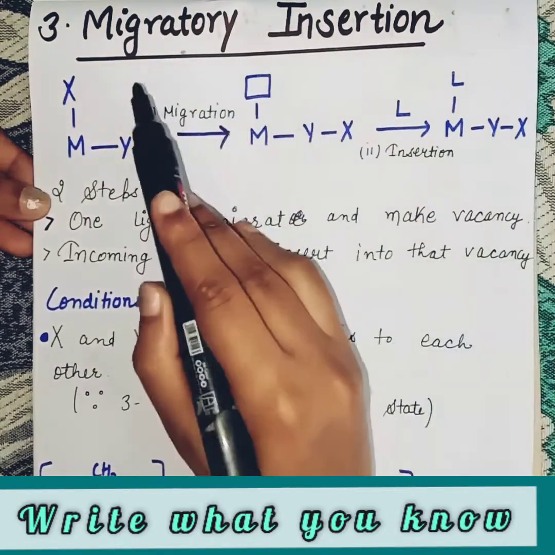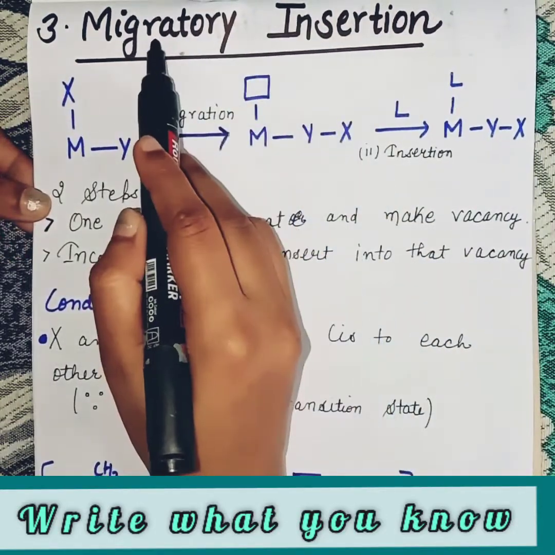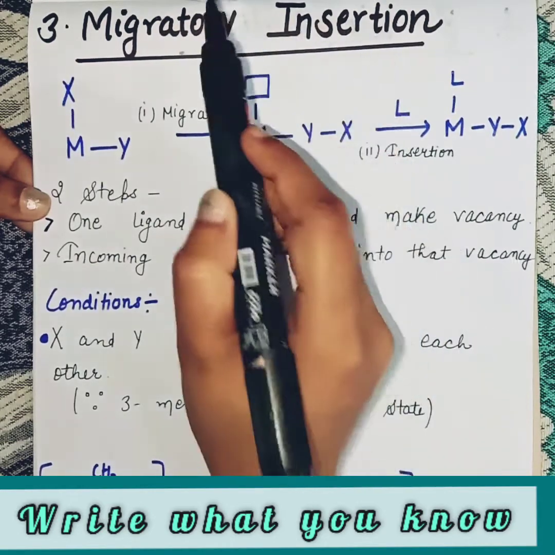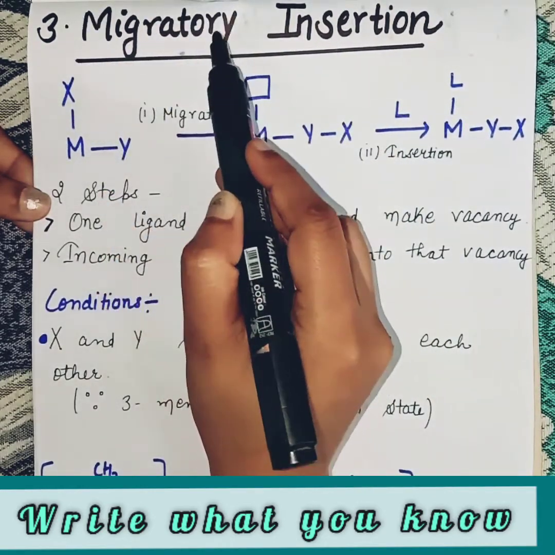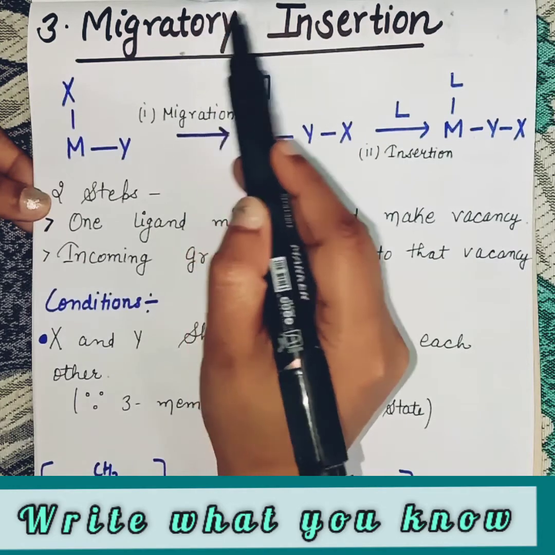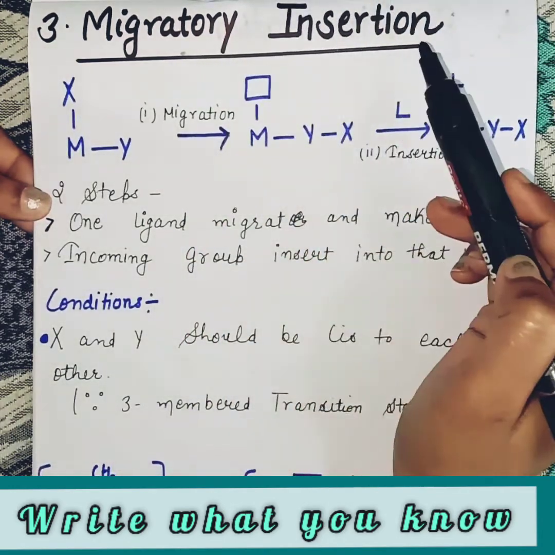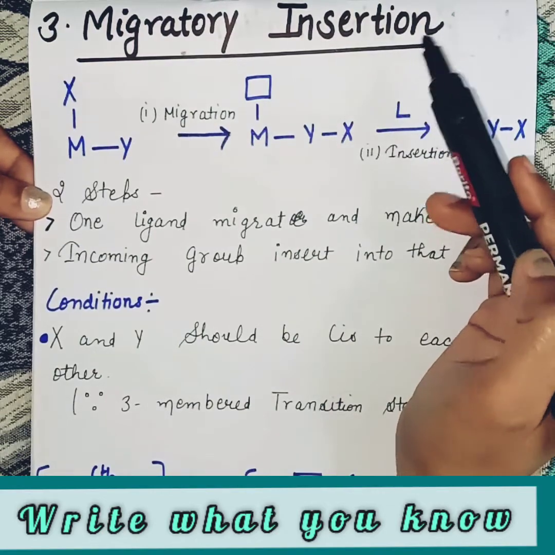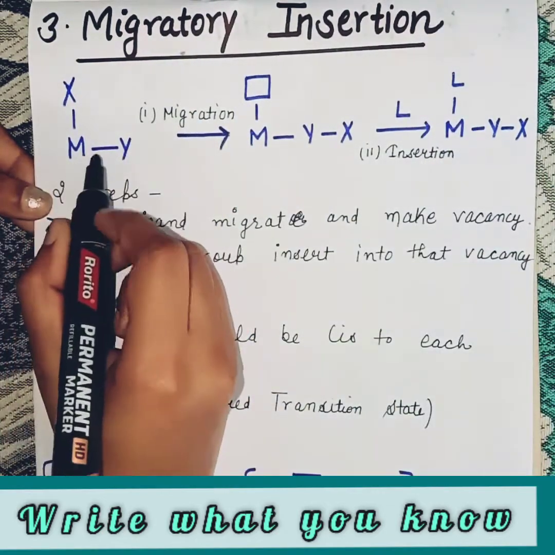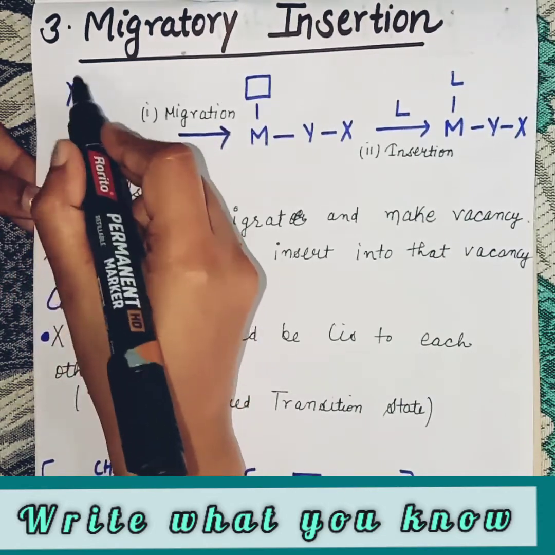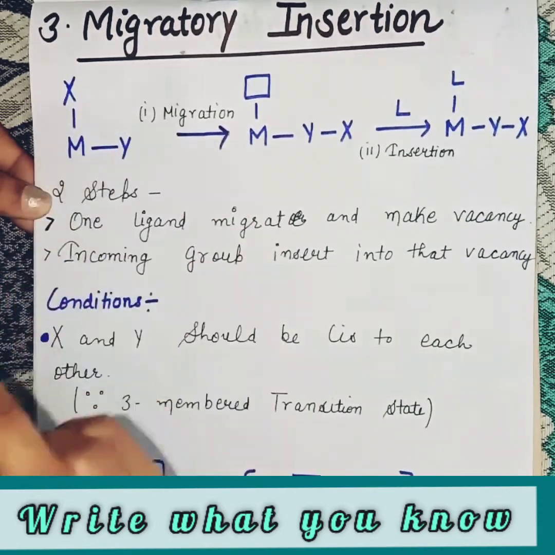This is migratory insertion: migratory plus insertion. This is a two-step process. In the first step, a group migrates from its position to another position, and in the second step, another group inserts at this position. So this is our complex, M, the metal atom, with Y and X, any two atoms attached to it.